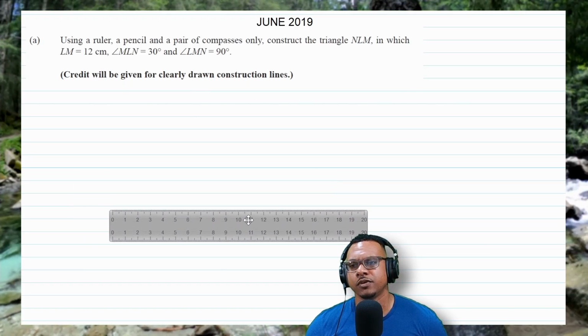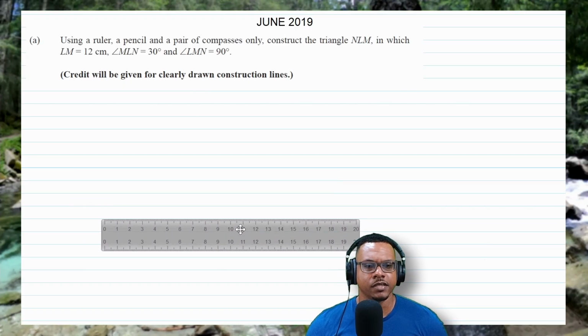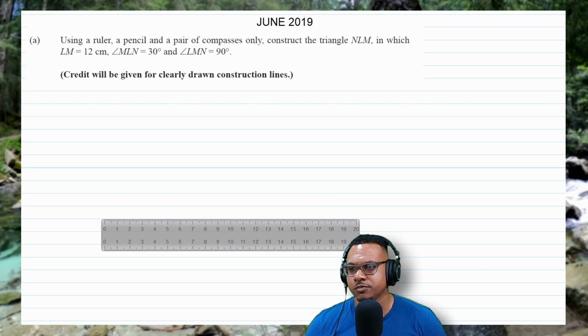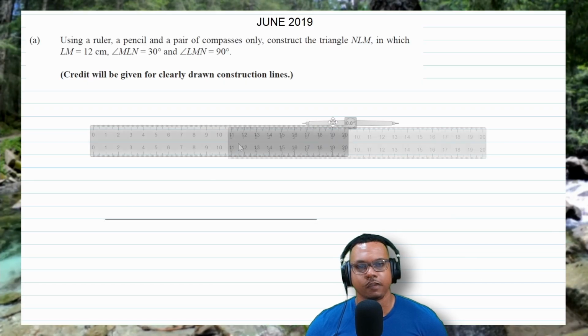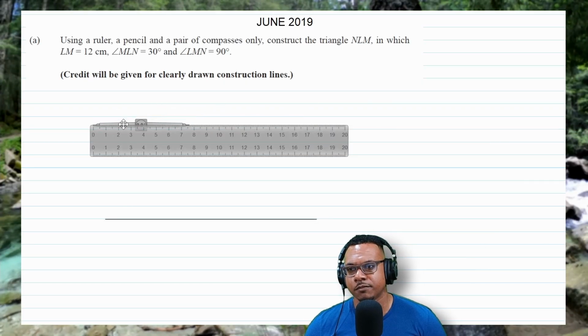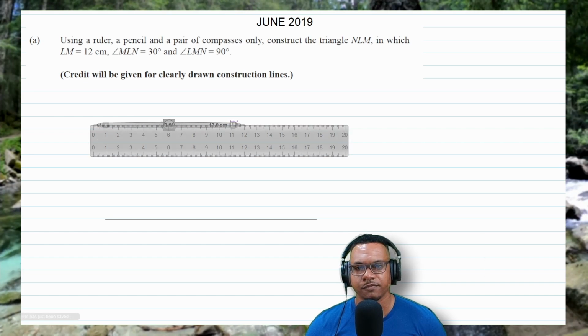So first I'll take my ruler, place it anywhere on my page. I'm assuming that my triangle will come somewhere on top here, so just make it a little low. And I'll draw a light line that's more than 12 centimeters long. Then I'll take my compass, place it on my ruler, place the compass point at 0 and open out the compass to 12 centimeters.